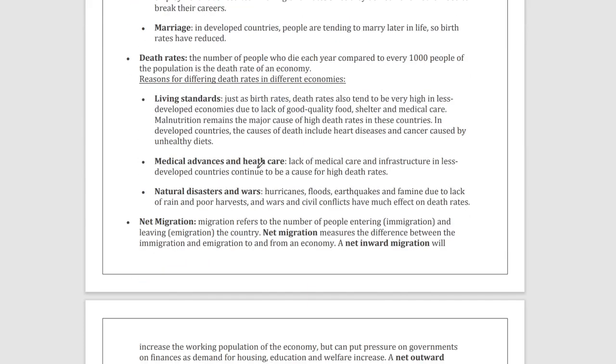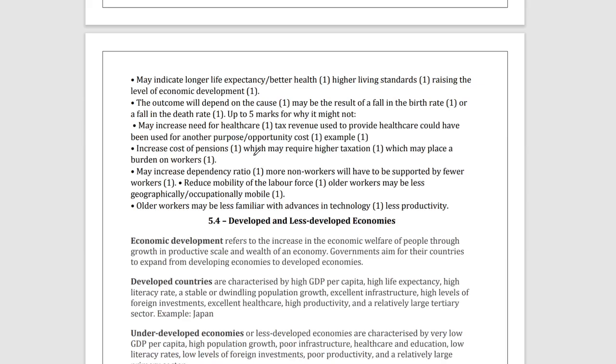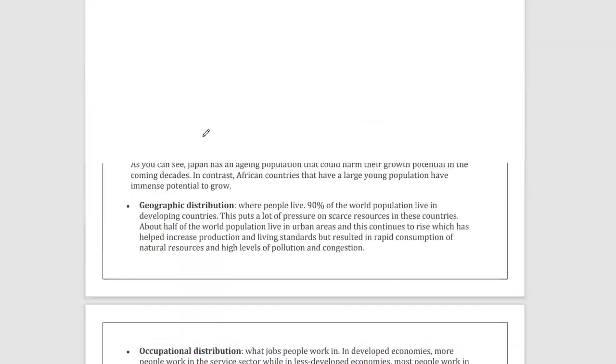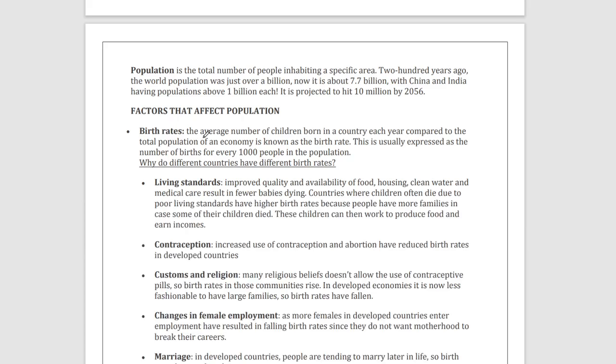We move on to population, a quite big topic, though not a bad one. When we're talking about population, it's again general knowledge, right? We've done this in geography, if you do geography.